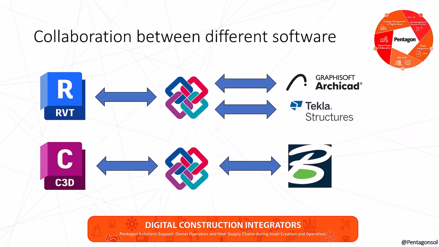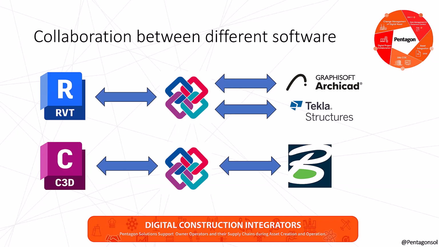So now I'll talk a wee bit about collaboration between different software. Interoperability between a software developer and their other software should be a streamlined process. However, this is not always possible due to information requirements or when working with a third-party contractor. This is apparent when you consider Tekla steel suits specific requirements, however this may need to be coordinated with a Revit or ArchiCAD user.